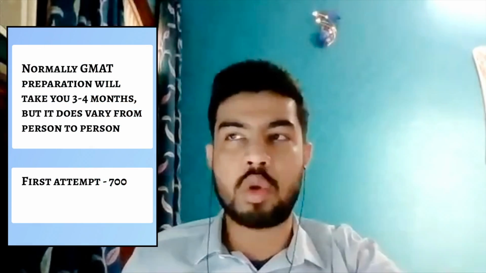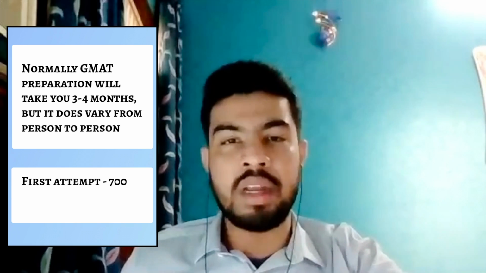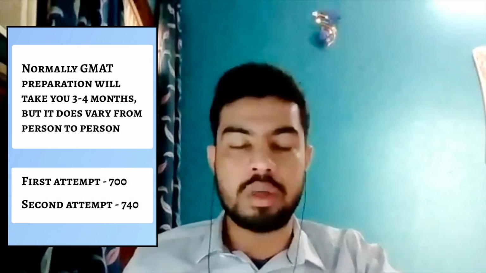For me, the whole time period was about 6 months. At the end of the first 3 months, I gave my first attempt where I scored 700. I was getting a good quant score, but my verbal score was not up to the mark. So I took another 3 months to prepare, and in my second attempt I scored 740.